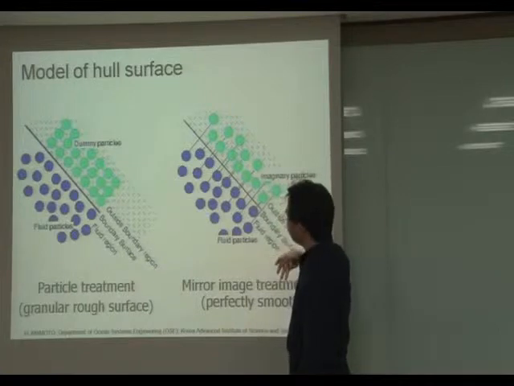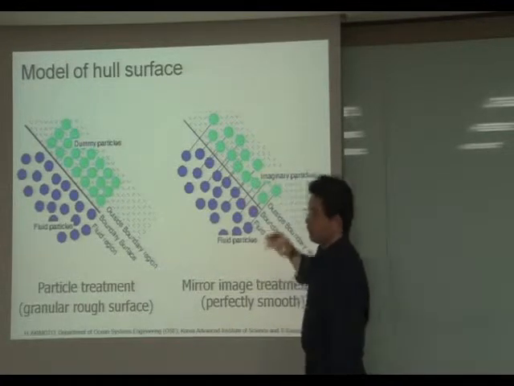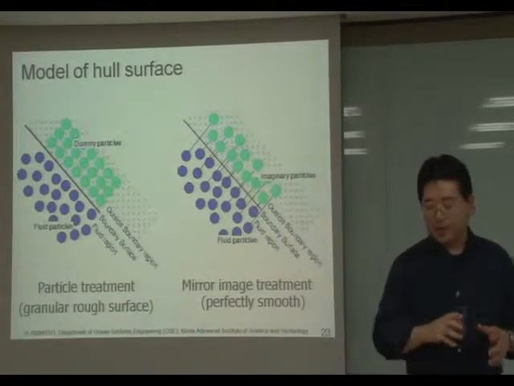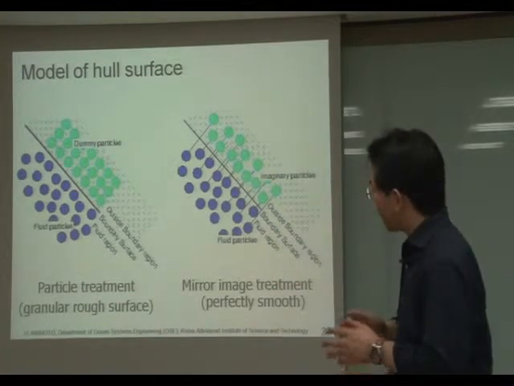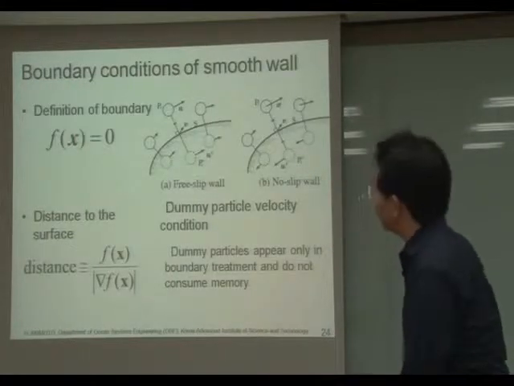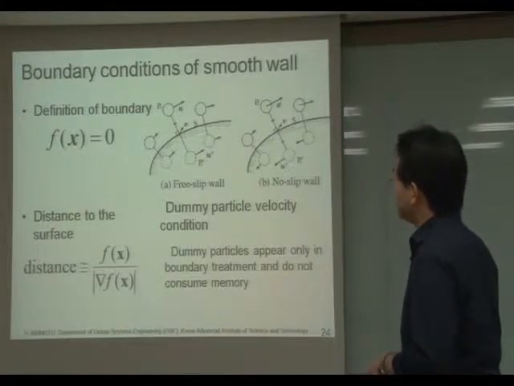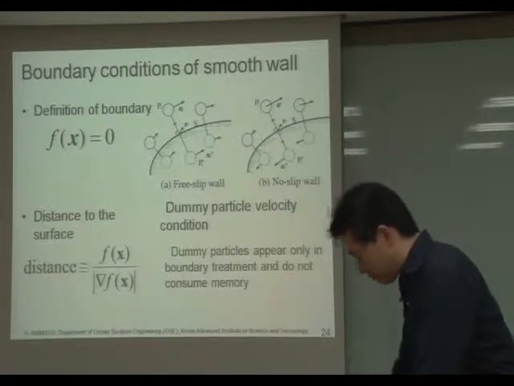If we provide dummy particles in mirror position, it will show perfectly smooth surfaces. So also boundary condition is possible. The concept is almost the same in the mesh-based method.